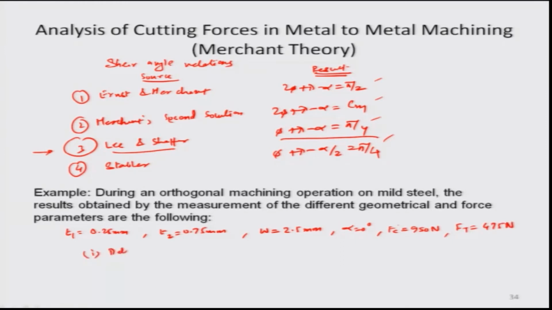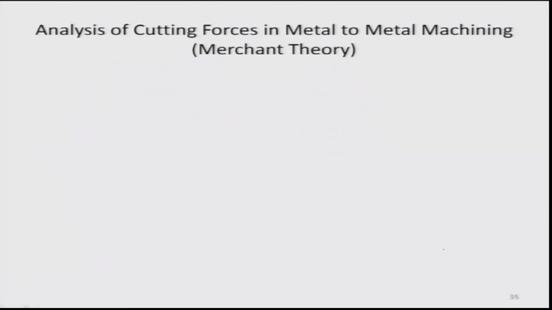We have to determine the tan of friction angle, or the coefficient of friction mu, and we also want to determine the ultimate shear stress tau s of the work material. Having said that, let us now try to answer the question point by point.